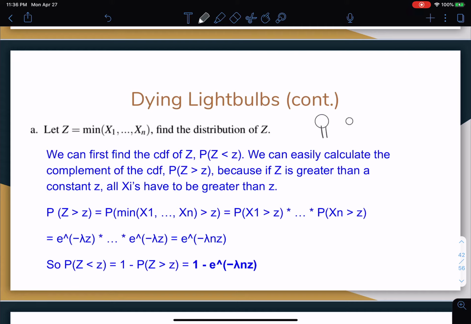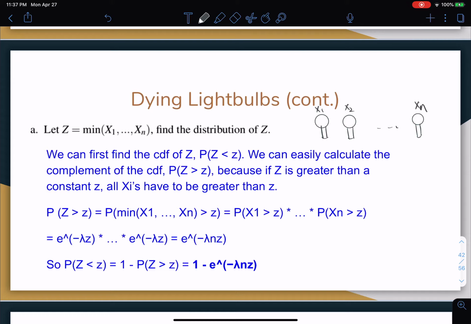Okay, let's say you have a couple light bulbs that look like that. I don't think this is how light bulbs look. It looks more like a mic, but assume that they're light bulbs. So this is the first one, x1, x2, down to xn.